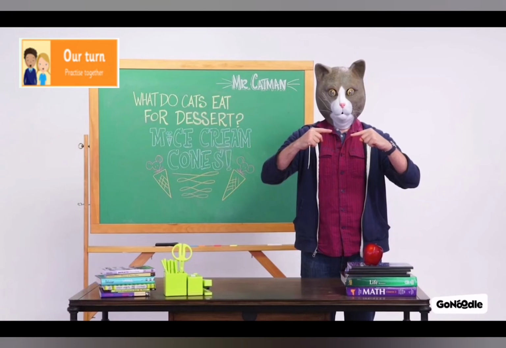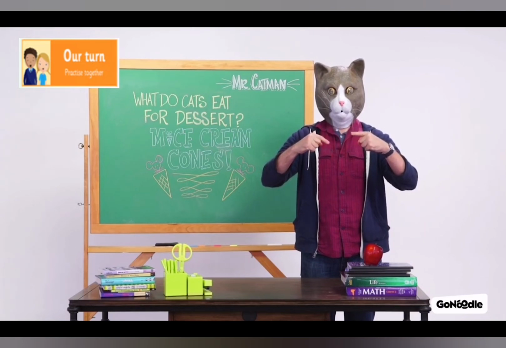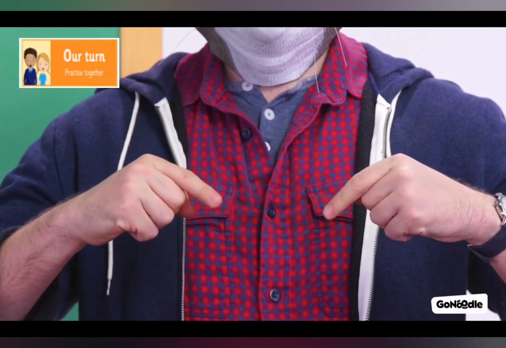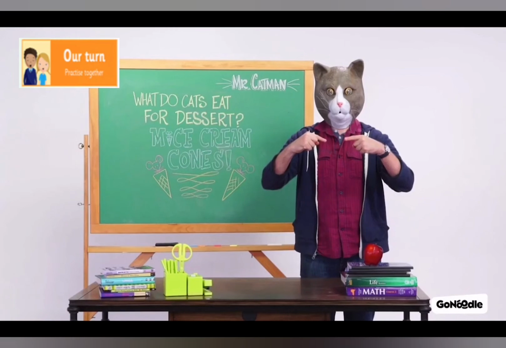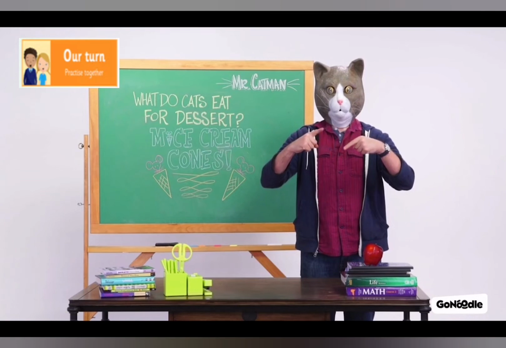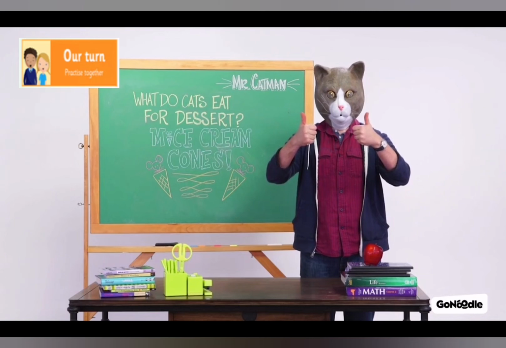Now, let's combine the two. Turn one index finger clockwise while you turn your other index finger counterclockwise. Slowly at first. You got it? Turn one finger clockwise while you turn the other one counterclockwise. I'm feline like you've got this. Practice makes perfect. For real.